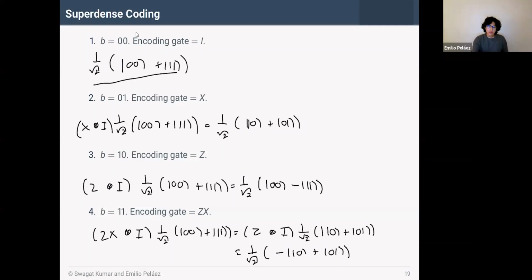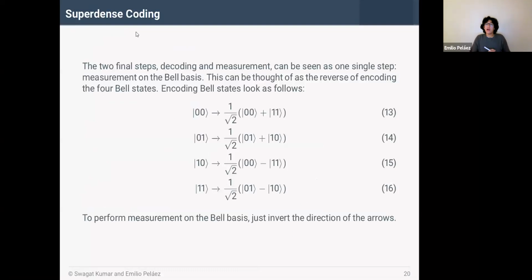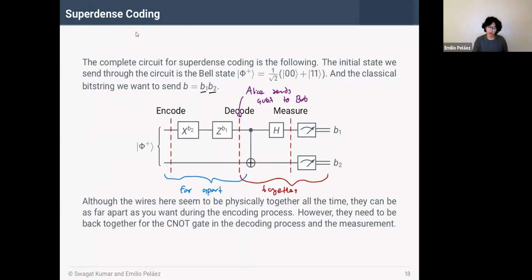So these are the states just before decoding and measurement. So these are the states that Alice will encode depending on the bit string she wants to send. And now we are up until the part where Alice will send physically the qubit to Bob. So she will send it.